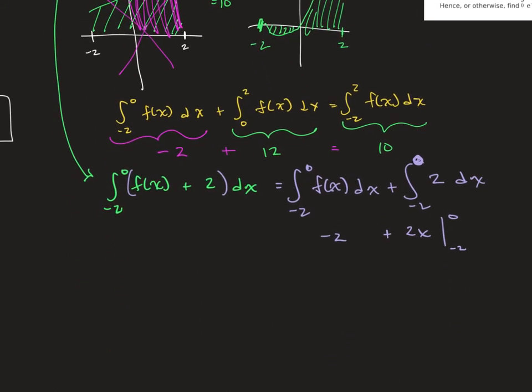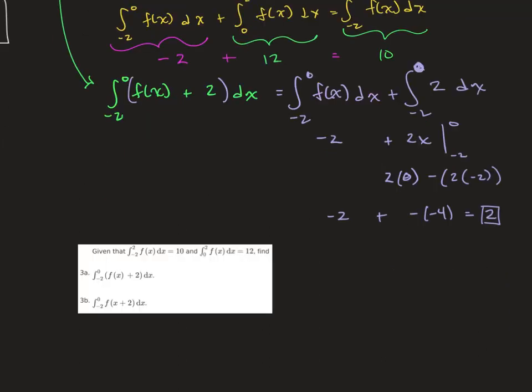Doing so, here we'd get 2 times 0, which is 0, minus 2 times negative 2, which is negative 4, but this is negative 2 plus the opposite of negative 4, which would get us 2.